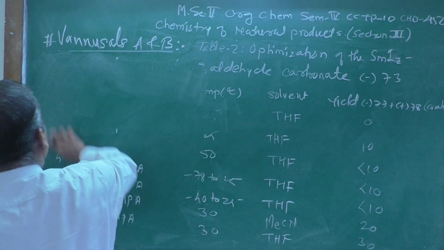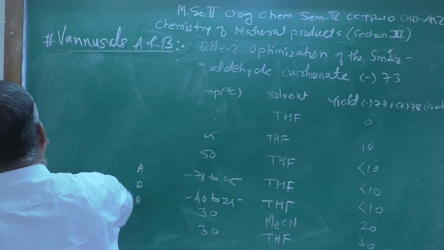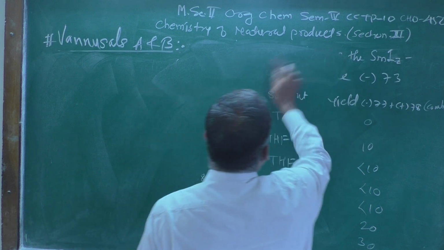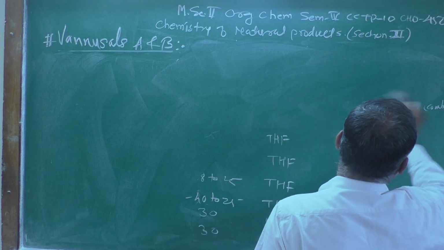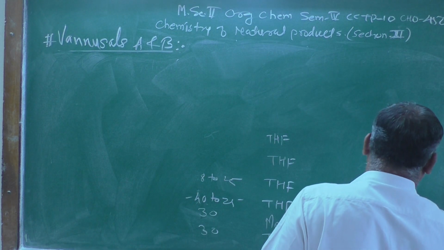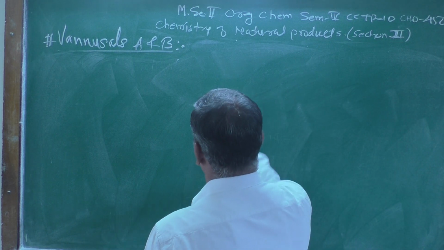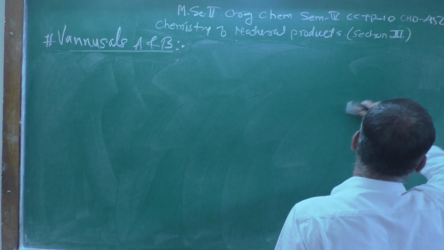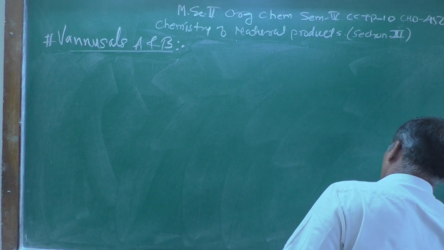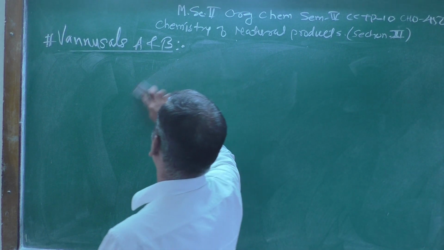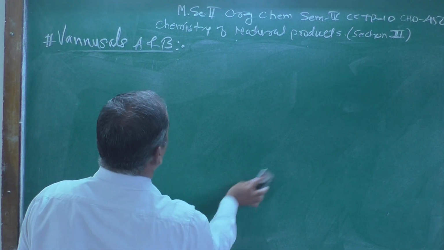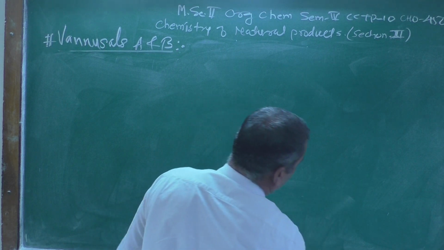Let us see the next point, which will be scheme number 15. You might be thinking how many schemes we are going to study in this article. I think about 19 schemes are there, and we are going to study all of them one by one. So far we have studied 14 schemes.